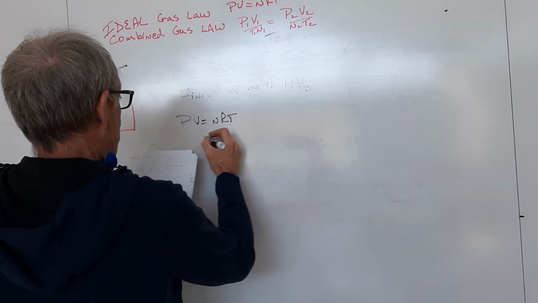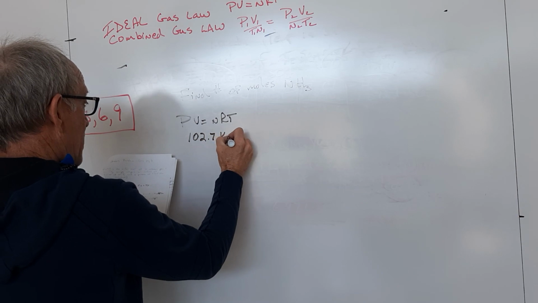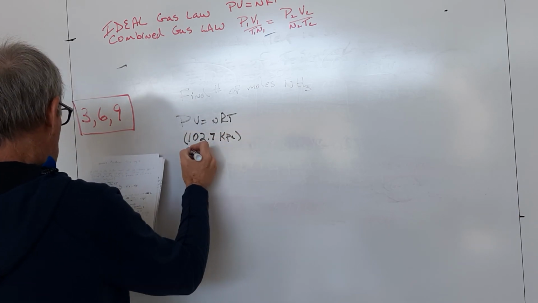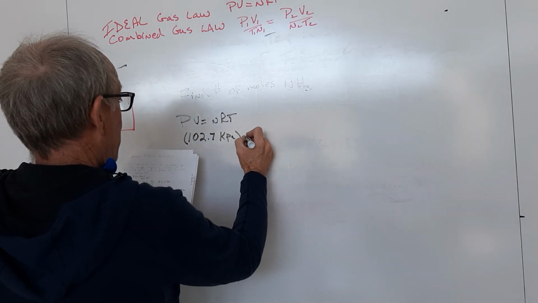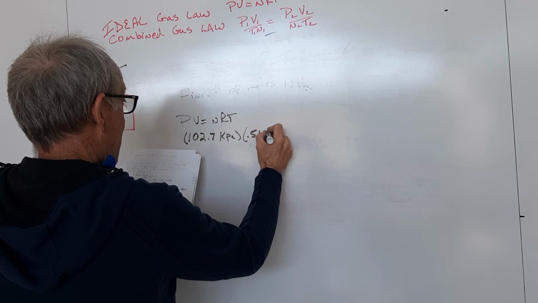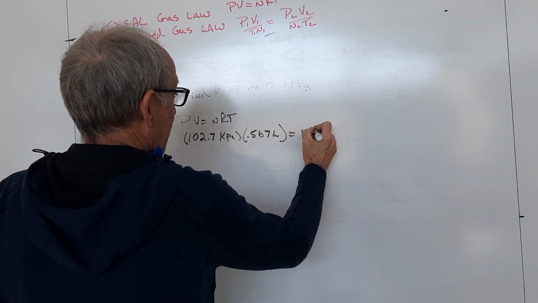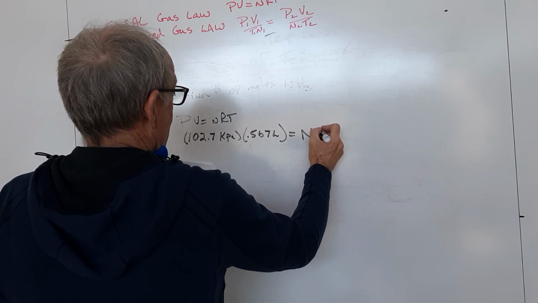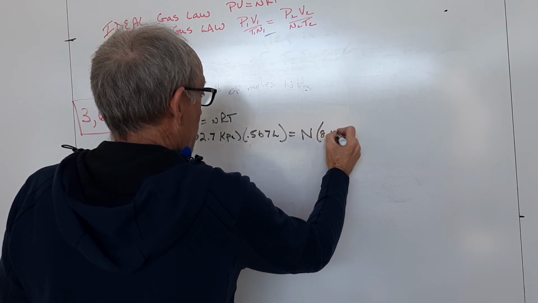My pressure is going to be 102.7 kPa, and my volume is 0.567 liters. That's going to be equal to n, which I'm trying to find, times R. And since I have kPa, it's going to be 8.31.